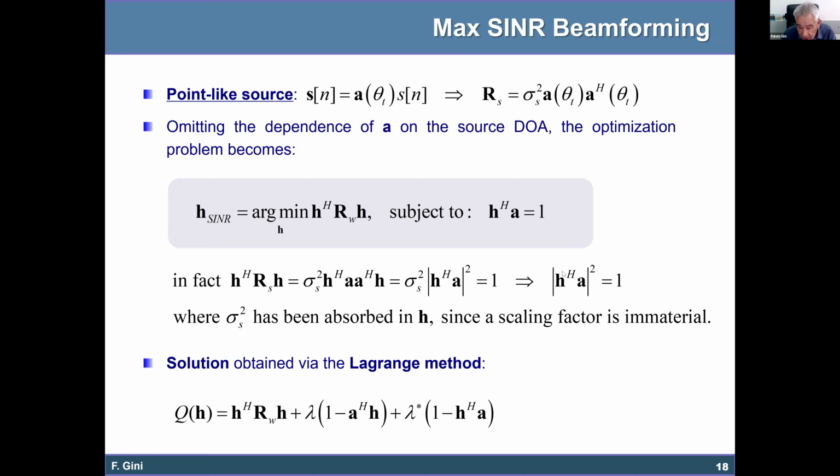Or you can say H Hermitian A equal to 1, which is exactly the same constraint that we applied to find the classical beamformer, if you remember. So in this case, if you write H Hermitian A equal to 1, you can again find the solution by using the Lagrange method.